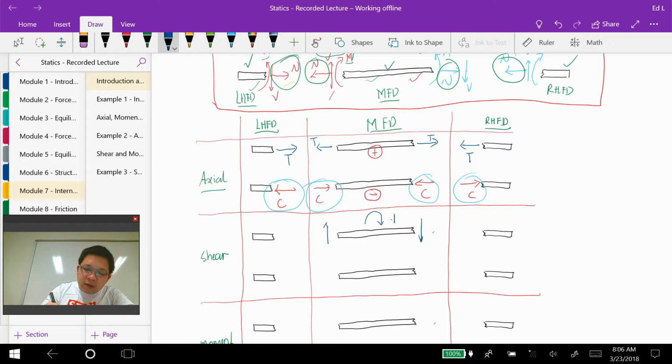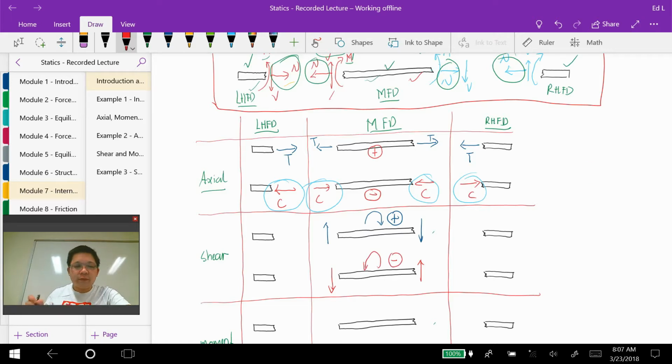Then in this case, we have a positive sign convention. On the other hand, if the couple on the middle free body diagram has a counterclockwise rotation, then in here we have a negative sign convention.